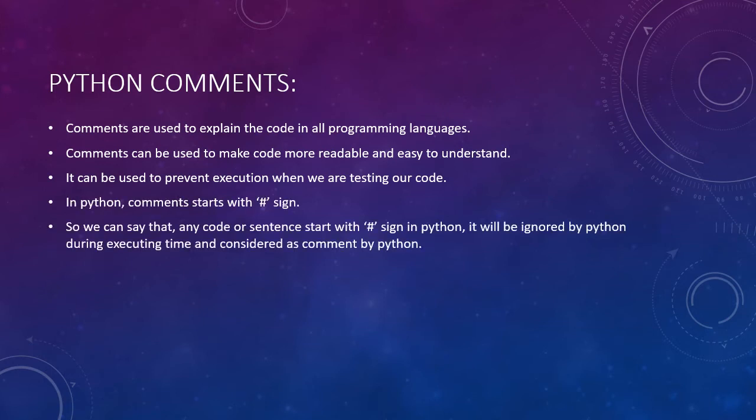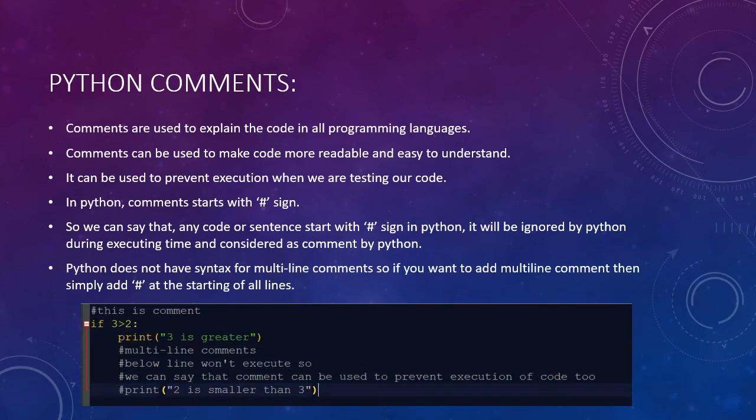In Python, comments start with a hash sign, so any code or sentence that starts with a hash sign in Python will be ignored by Python during execution and considered a comment. Python does not have syntax for multiline comments, so if you want to add a multiline comment, then simply add a hash sign at the start of each line.